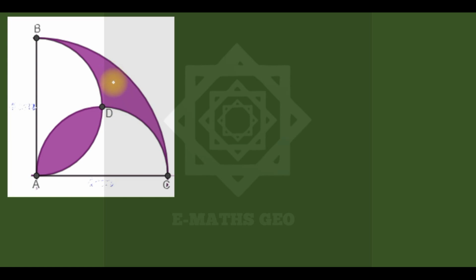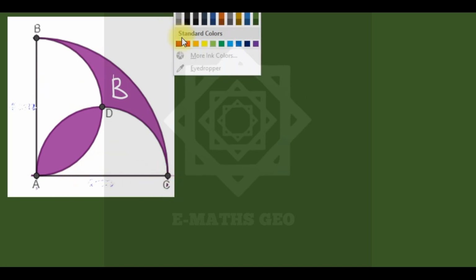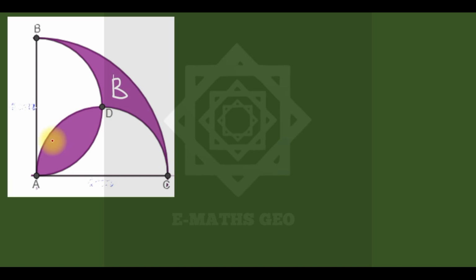First I will start with B. As you can see, these are two semicircles and they intersect at this point, which shows that this is the middle. So the middle will be here, the center of this semicircle and this one.